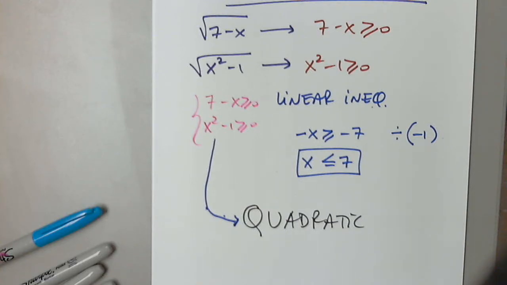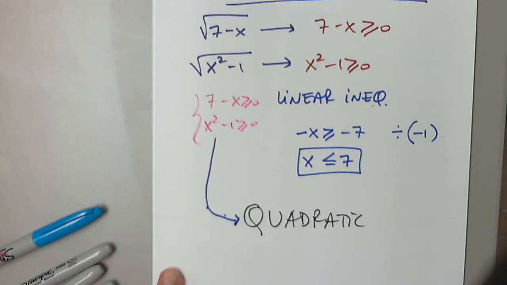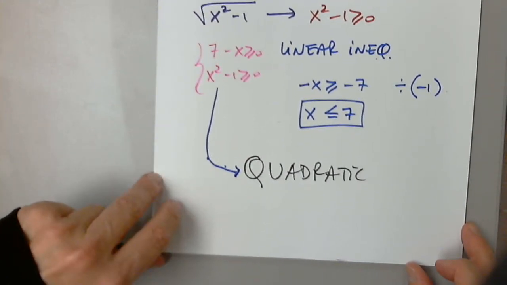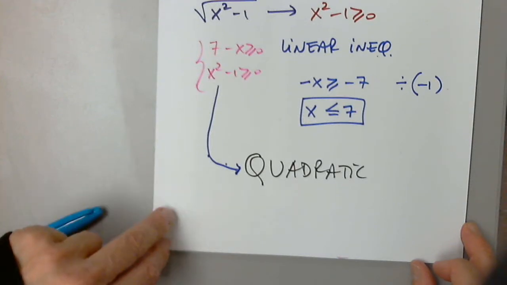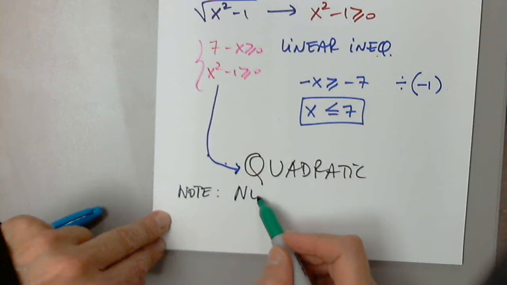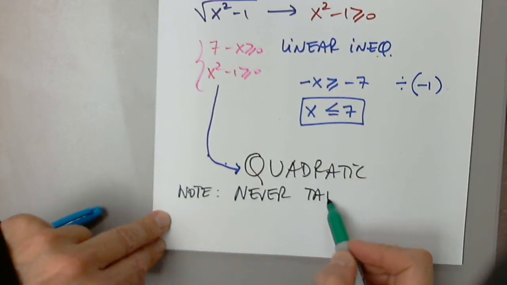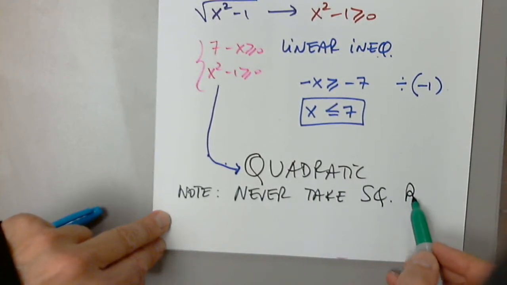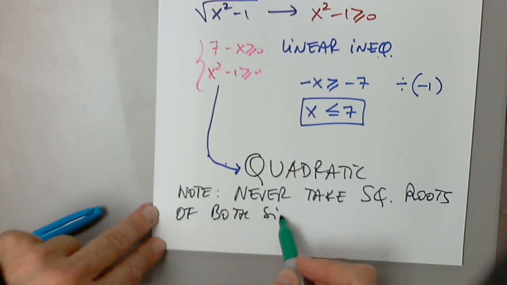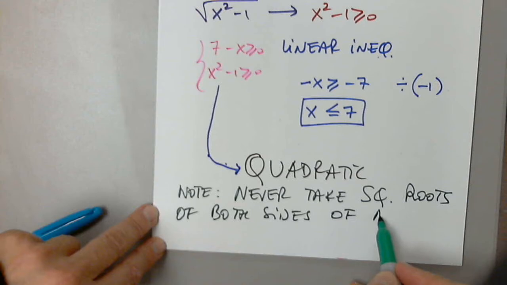Before you say anything, I want to prevent. I like to prevent if possible, then cure. A note: never take square roots of both sides of an inequality.